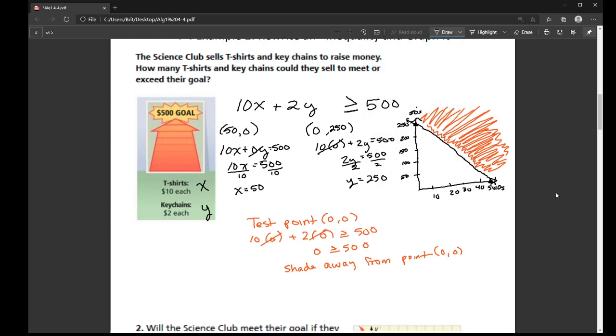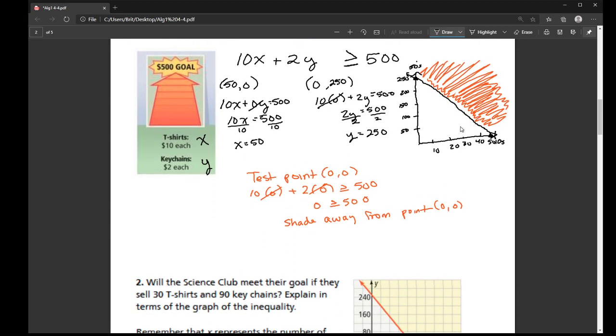So let's pick a couple of these points to explain it. They could pick 50 shirts and 50 keychains.